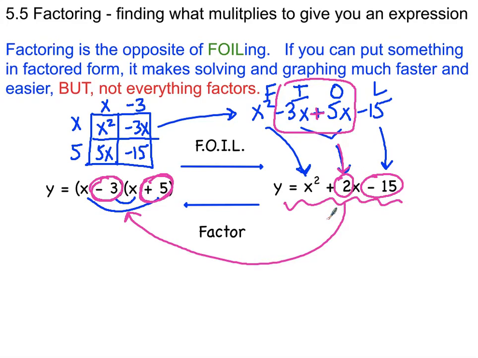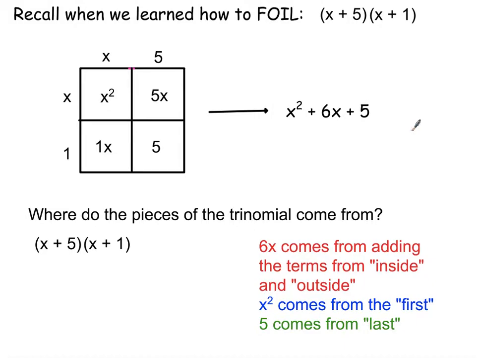So the idea is we want to find two numbers that are going to multiply to give you the last term, but then add to give you the middle term. So we're going to practice that a whole bunch. So this is, again, another example. If this is our starting point, we want two numbers that multiply to 5, and then they have to add to 6.